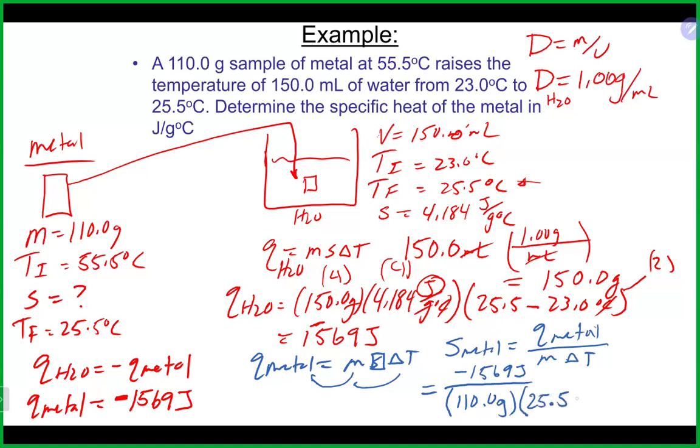So 25.5 minus 55.5 degrees Celsius. And if we do all that, 1,569 divided by 110 and divided by 25.5 minus 55.5, 0.48 looks like 0.48 joules per gram per degree Celsius.